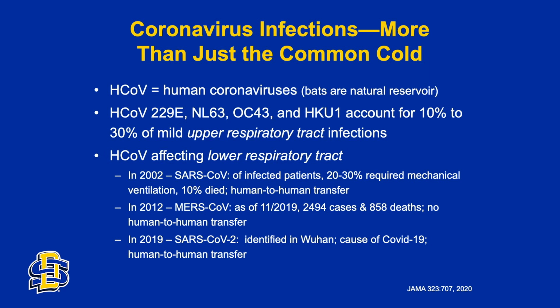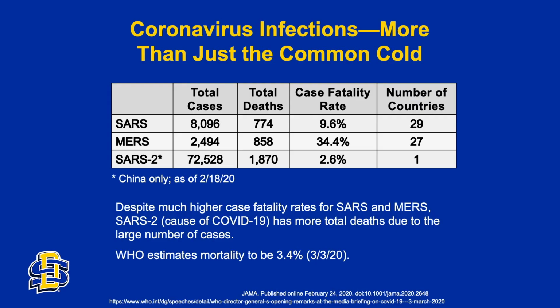So these other ones that go to the lower respiratory tract, like SARS, MERS, and now SARS-2, which is the virus that causes COVID-19, those affect the lower respiratory tract. And if you look at the mortality rate for those three viruses, they differ widely. So for SARS, you have about a 10% mortality. And MERS, you have about a 30 to 35% mortality.